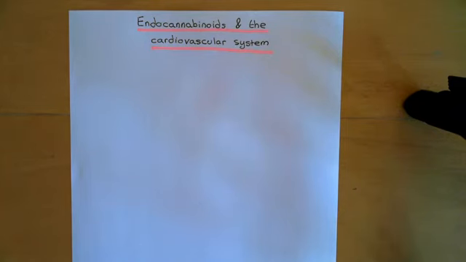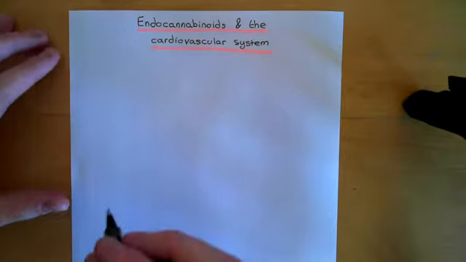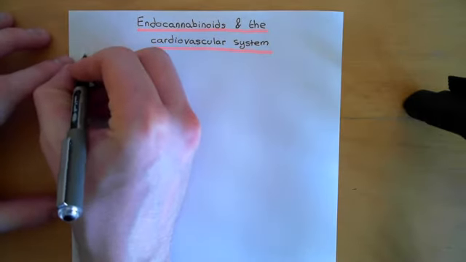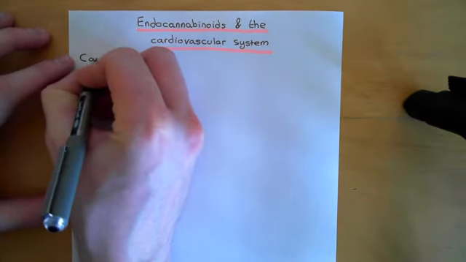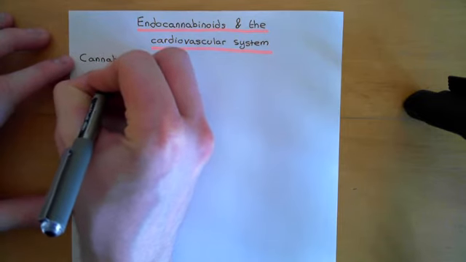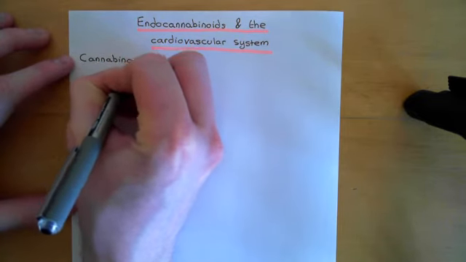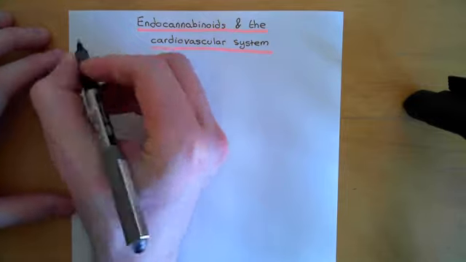Right, so let's start off then with a few definitions. So the first definitions that we need to do are cannabinoids, what's a cannabinoid, and what's an endocannabinoid. Okay, so what's a cannabinoid then?